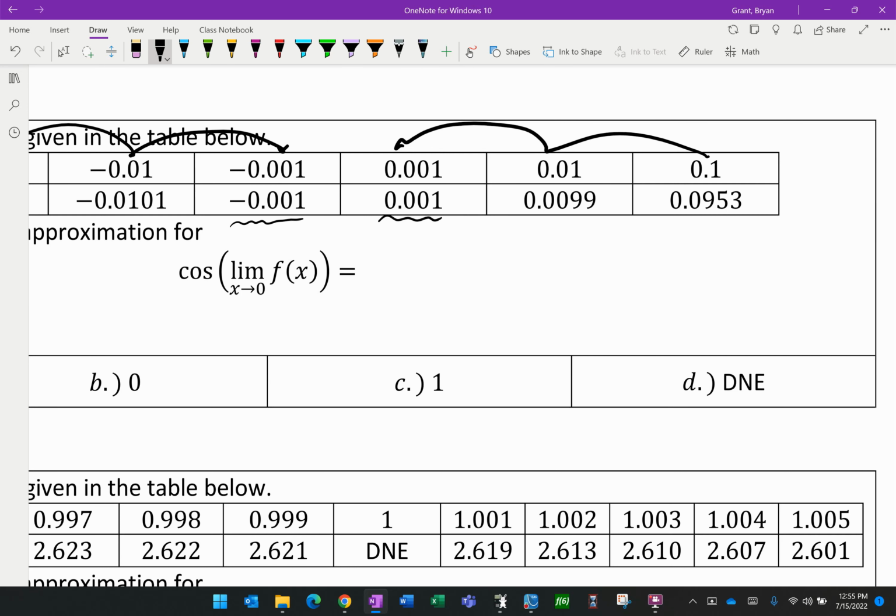Well, those are pretty darn close to 0. So what I'm going to say here is that this limit as x approaches 0 of f of x actually equals 0, right? 0 is really pretty darn close to each of these y values. But we're not done yet because we want the value of the expression. We need to find the cosine of 0. Trig practice, right? The cosine of 0 is 1.